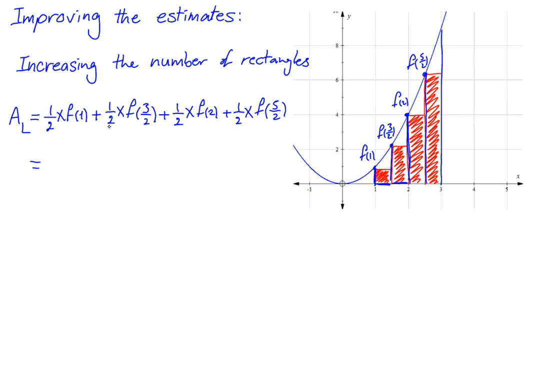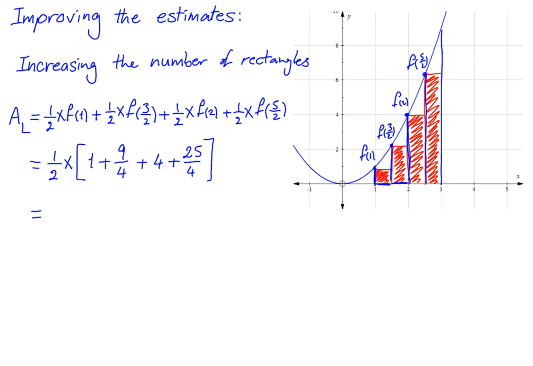Notice here that you can take the half as a common factor, so that's half times f of 1. When you substitute 1 into the function, you get 1 squared, which is 1, plus f of 3 over 2, 3 over 2 squared, that's 9 over 4, plus f of 2 is 4, plus f of 5 over 2, that's 25 over 4.